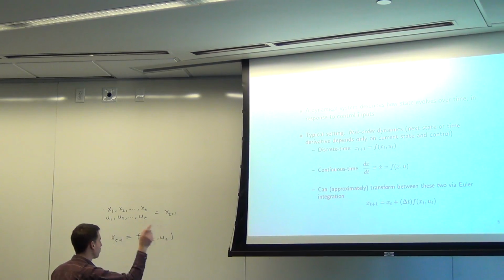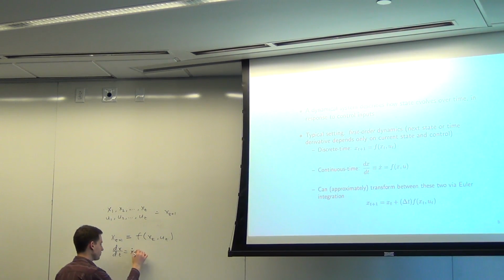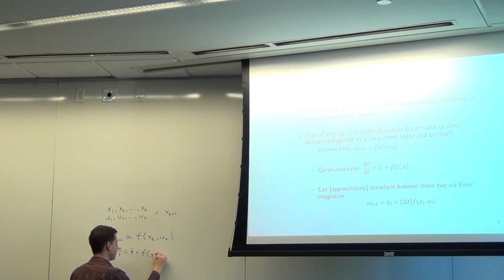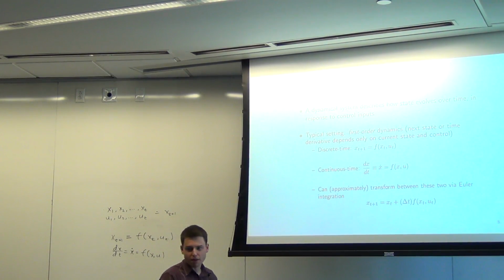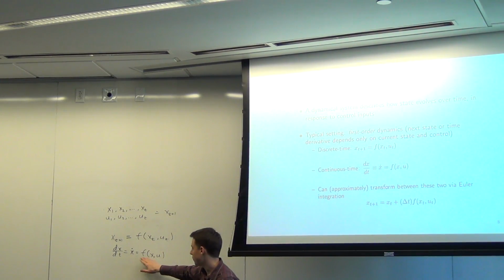The derivative of x with respect to t, which people just write as x dot because it's so common, is a function of x and u. And I'm omitting the t subscripts there. You can put them in. I typically omit them when writing continuous time and add them when writing discrete time.